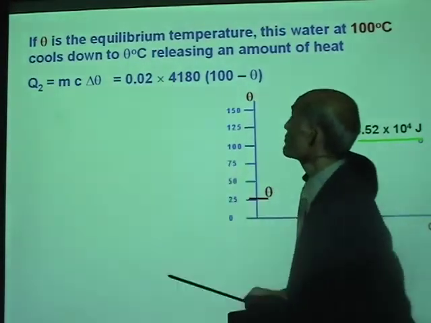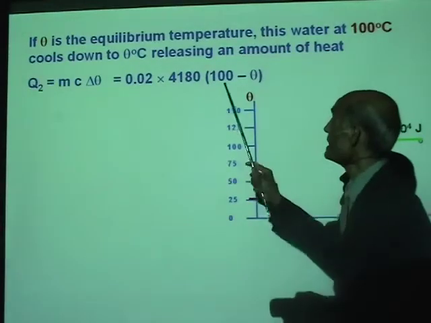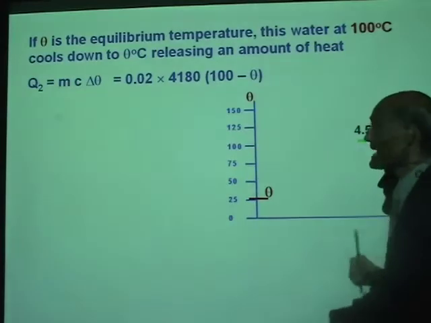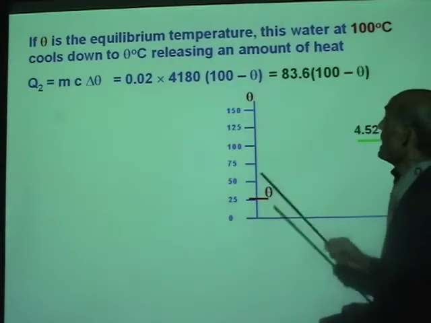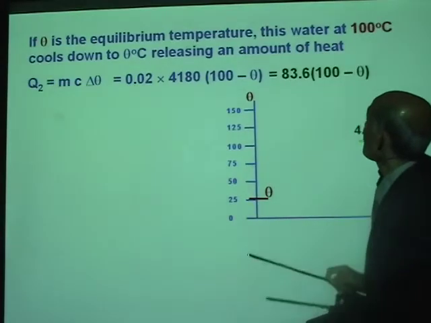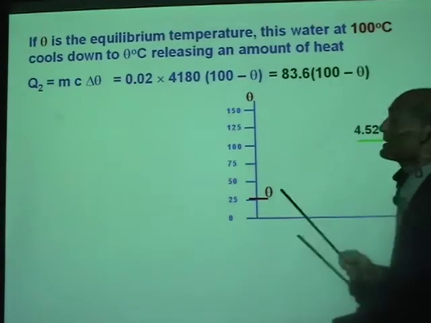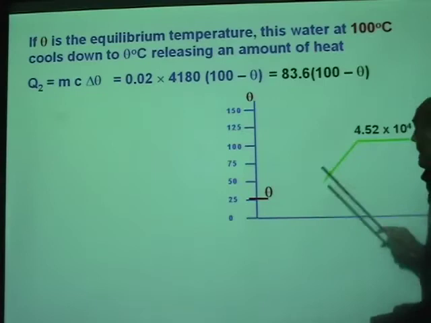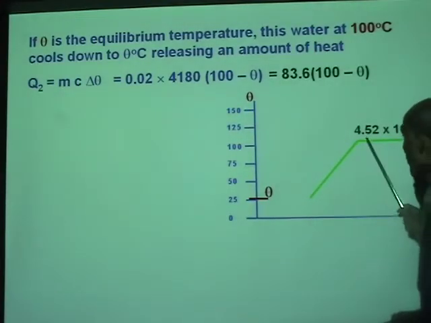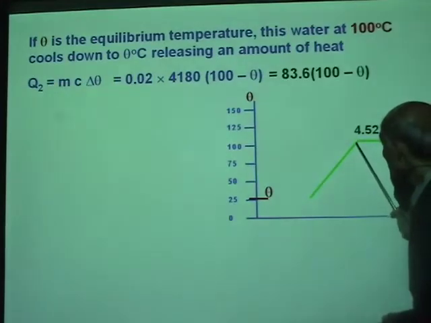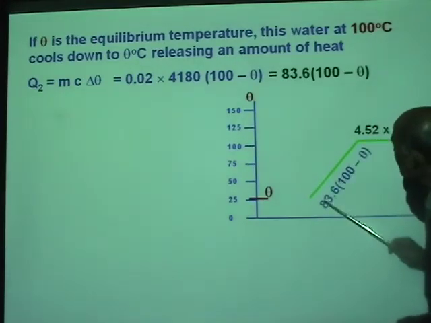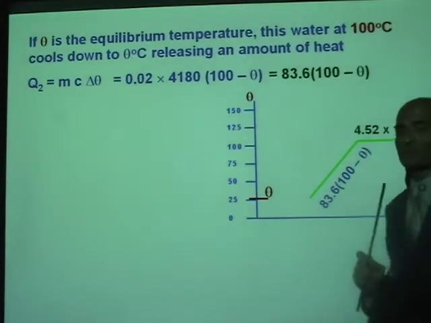Specific heat of water is 4180. The change in temperature is 100 minus theta. And so I calculated that, I got 83.6 times (100 minus theta), and that is the part on the graph. Water at 100 degrees Celsius cools down to theta degrees Celsius, losing this much of heat.